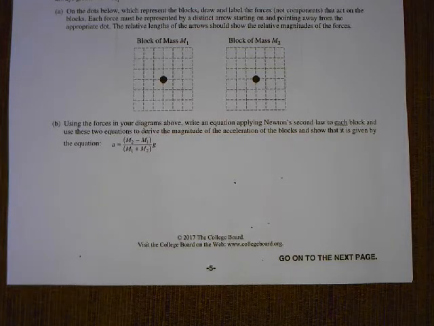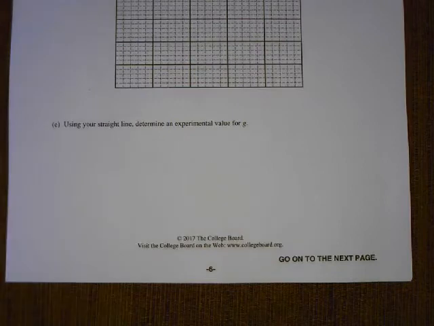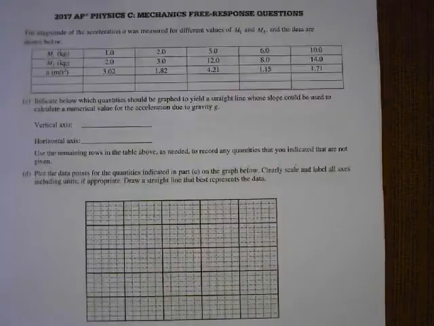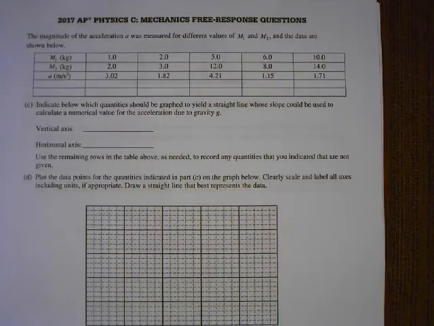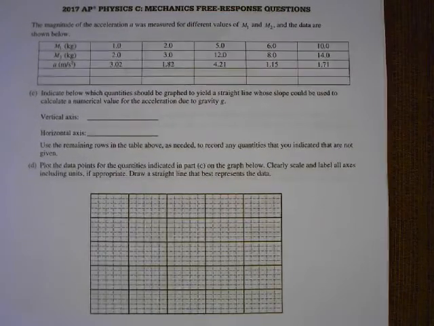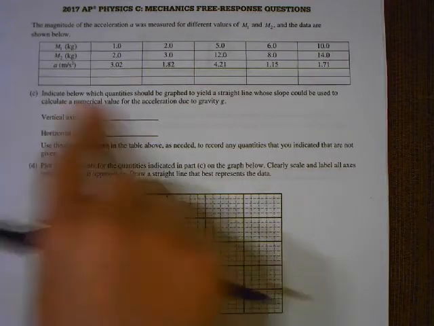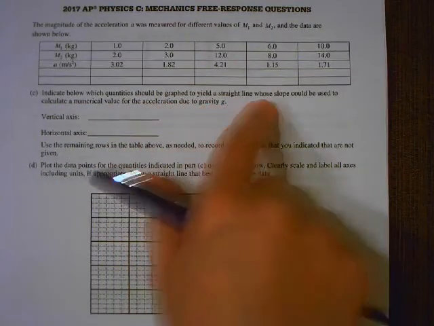All right. Then this part is a typical AP question. Now you have data, and then you're going to have to do a graph. Once you do the graph, you're going to do a best fit line, and then you're going to calculate the slope. Now this one, we did this one already, but remember, you have to look at this and indicate which quantity should be graphed to yield a straight line whose slope could be used.